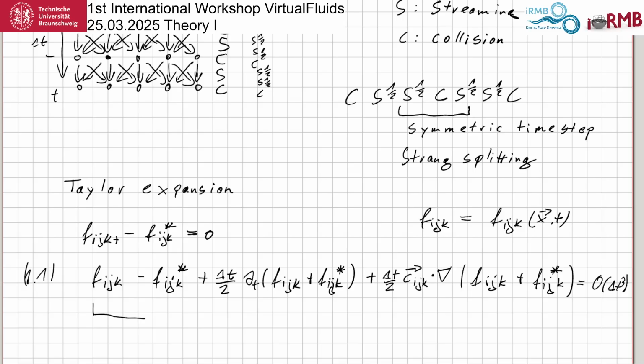Now, we did not talk about how we come from the pre-collision state to the post-collision state. Here we actually have a collision operator, and what is the collision? Okay, now it should not say operator, because technically it's not an operator. The effect of the collision is obviously what we have after collision minus what we had before collision, right? In this Taylor expansion it's here the other way around, so we'll have a minus here, minus omega_ijk.